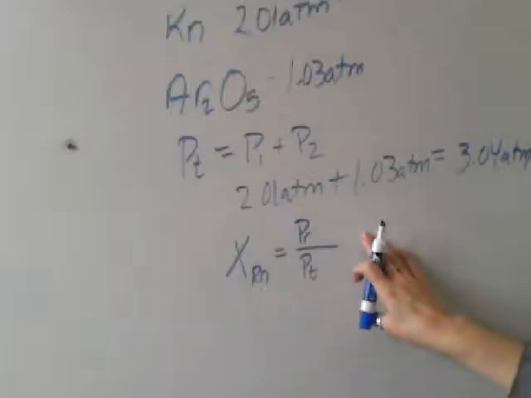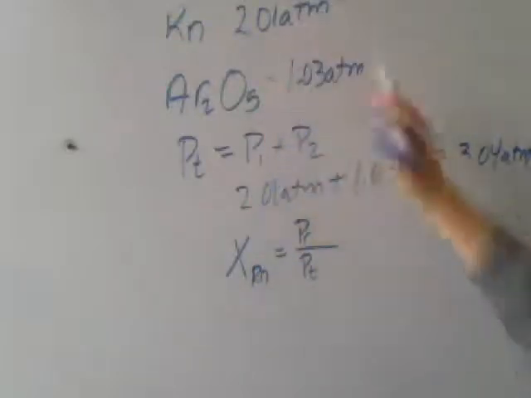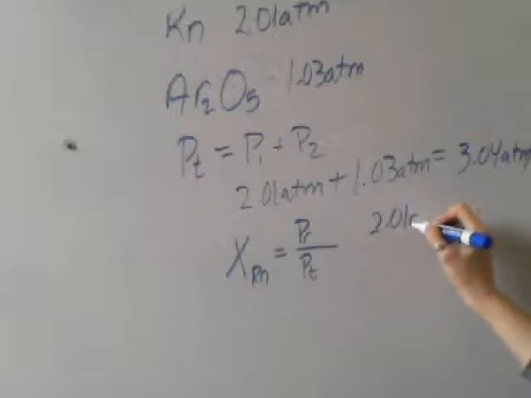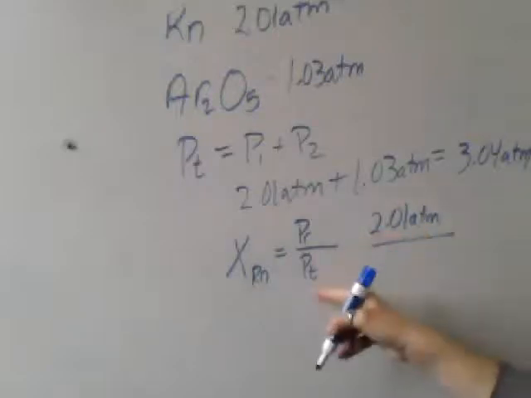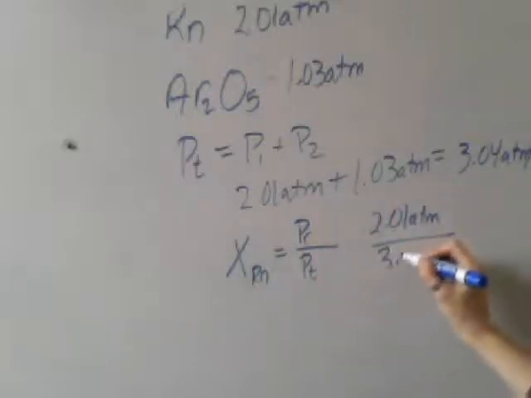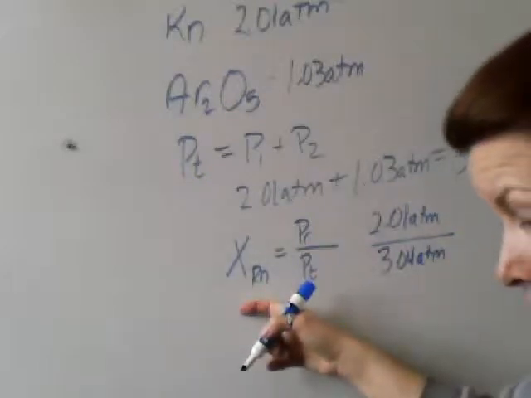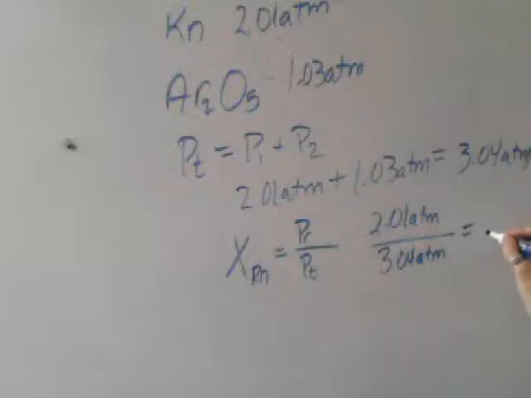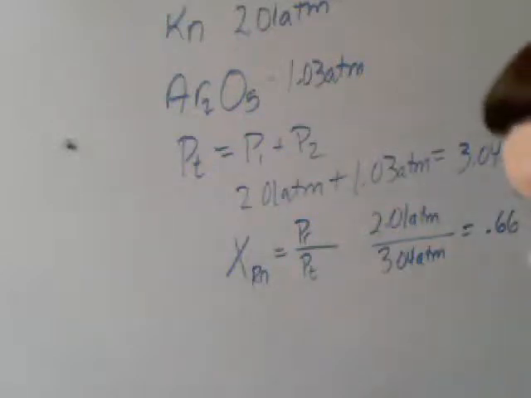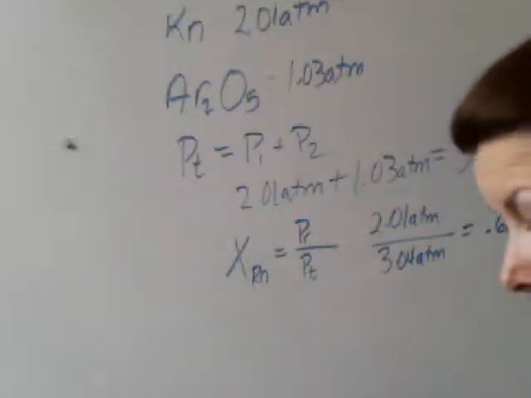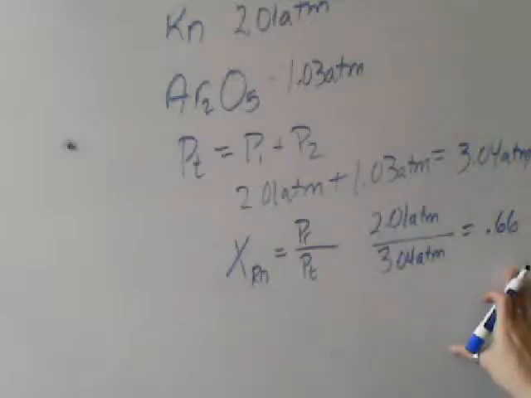So we have the pressure of radon is 2.01 atmospheres, and we know the total pressure of the system is 3.04 atmospheres. So we know the mole fraction of radon is going to be equal to 0.66 or 66%.